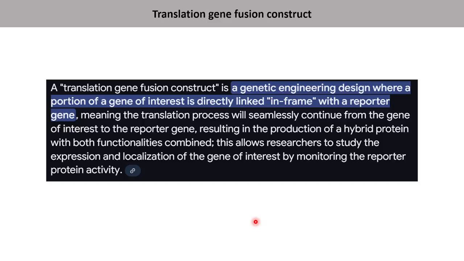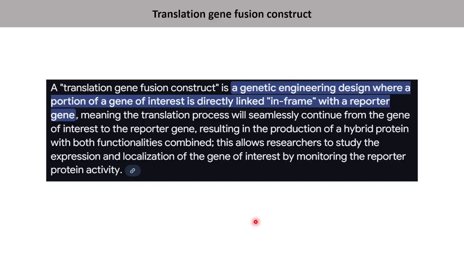So there will be one single protein produced, which is called a fusion protein, and that fusion protein will also contain the reporter gene protein. In this case it will contain the GFP protein along with the protein of our interest.